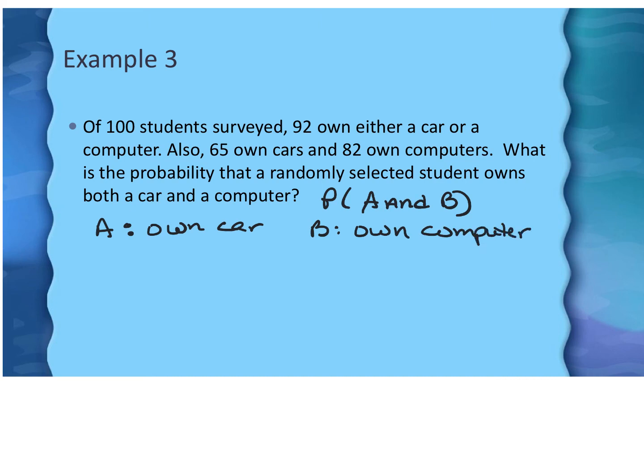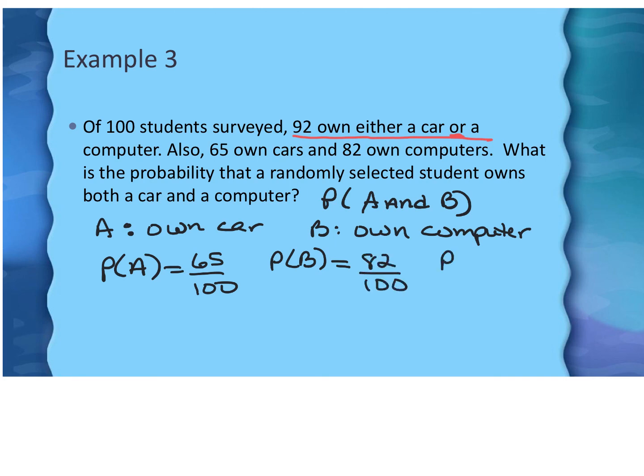And then notice they also gave me 92 own either a car or a computer. So I can also write down that one. I'm going to do the simple probability of owning a car, and we were told that 65 own a car. So 65 out of 100 is that probability. Probability of B, there are 82 that own computers. And they also gave me the probability of A or B, and that was 92 over 100.